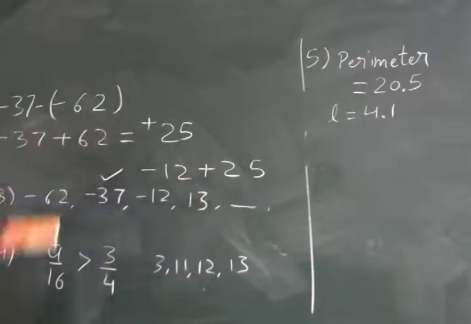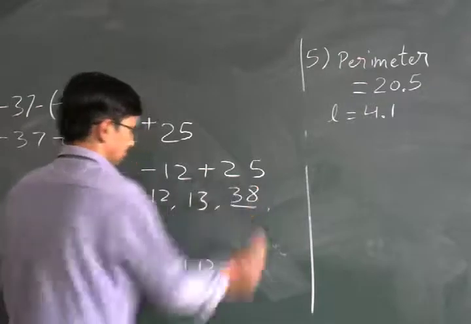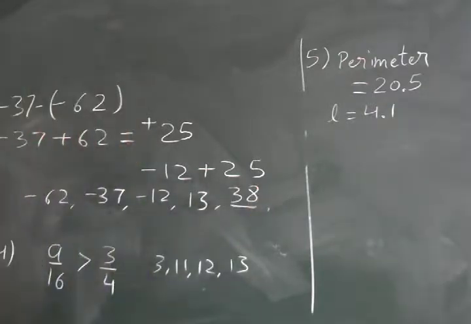So minus 12 plus 25, so it is plus 13. Fine. And sir, if we add all this, we will get 38. Next number. Fine.